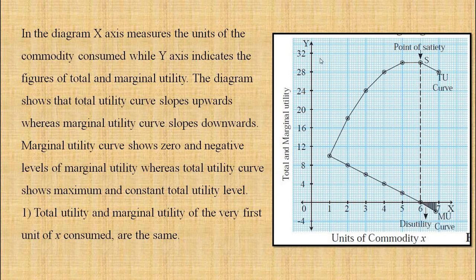After this point, any additional unit consumed results in a decline in total utility. It is going down from 30 to 28, while marginal utility is becoming negative. After reaching the point of satiety, a rational consumer should stop his consumption, because he has already reached the maximum limit of satisfaction, and there is no addition to the total utility. On the contrary, total utility is diminishing.